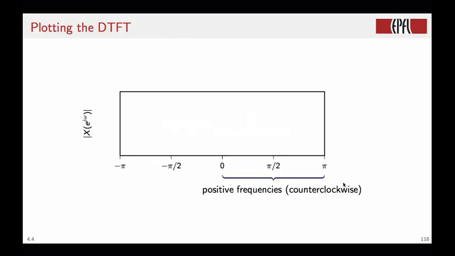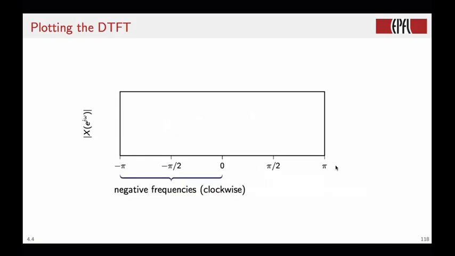And when we plot this, remember now the convention is that we're plotting frequencies from minus pi to pi rather than from 0 to 2 pi. So the positive frequencies will be on the right hand side of the frequency axis. The negative frequencies, the ones that turn clockwise, will be on the negative side of the frequency axis.